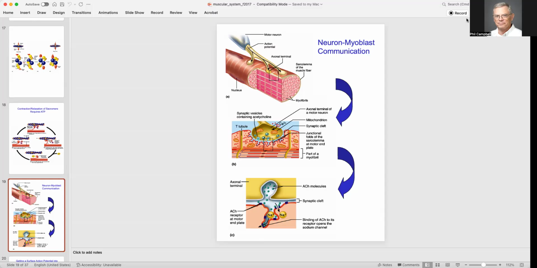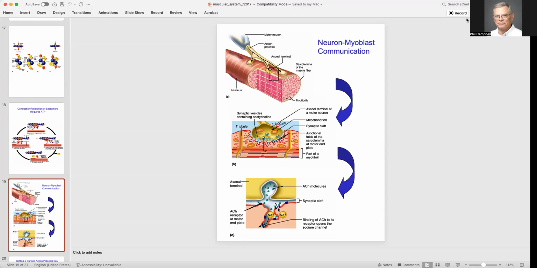Calcium flows into the terminal bud. This initiates exocytosis and the release of neurotransmitters into the synapse. These neurotransmitters diffuse across the synaptic cleft. They bind to receptors on the postsynaptic cell. But remember now, the postsynaptic cell is a muscle cell, not a neuron.